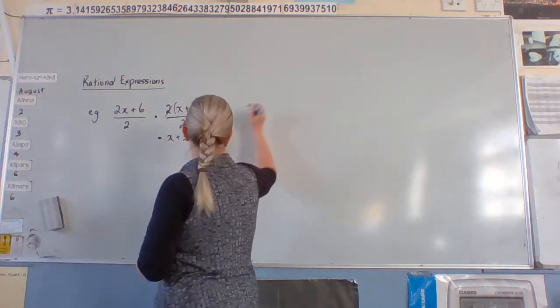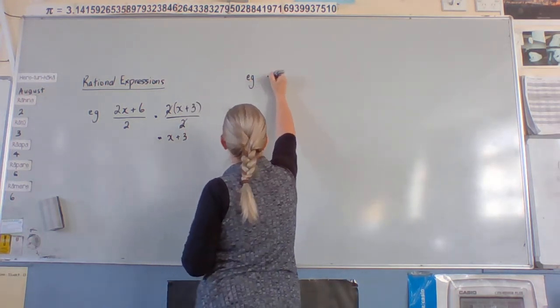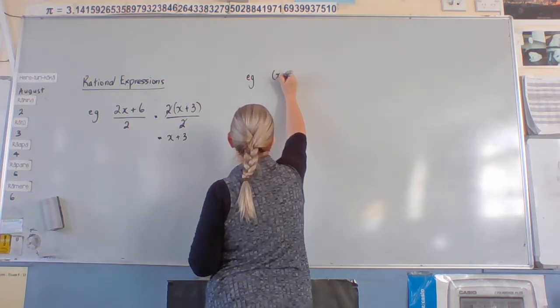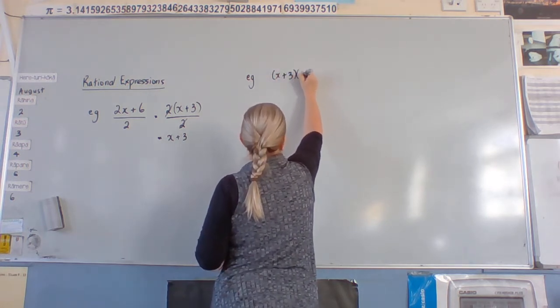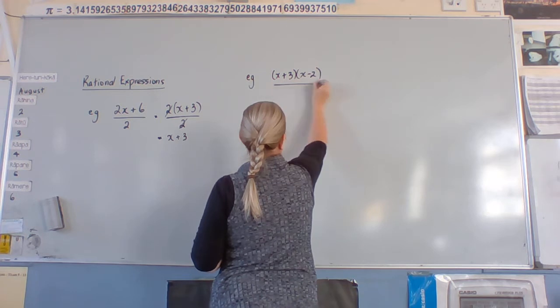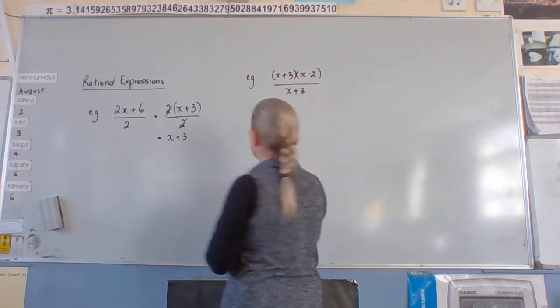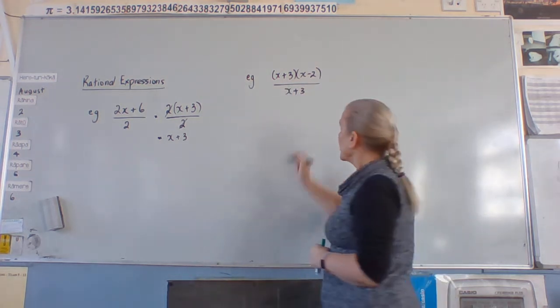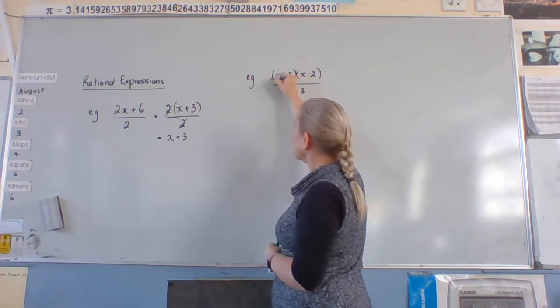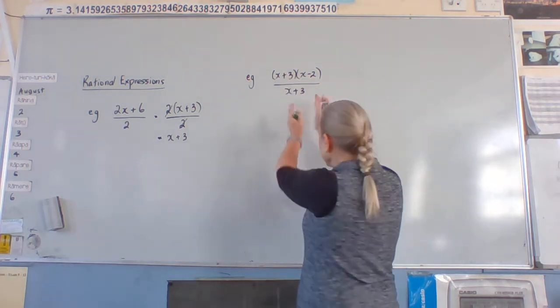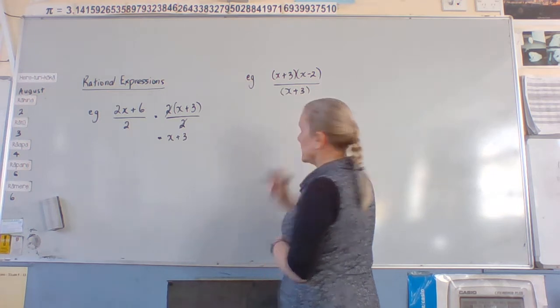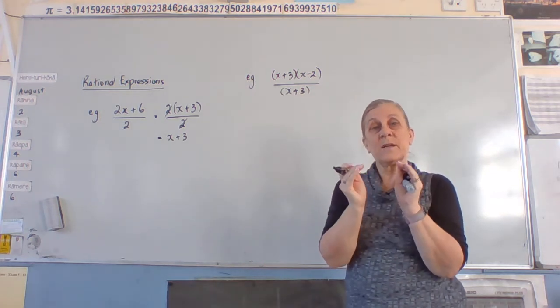One of the worst things in doing this, I'm going to move over here for this one, is when you have a situation like this. And people say, oh yeah, okay, I want to cancel the x's, so I'm going to cross that out and cross that out. But this thing at the bottom is a bracket, all right? It's x minus 2.